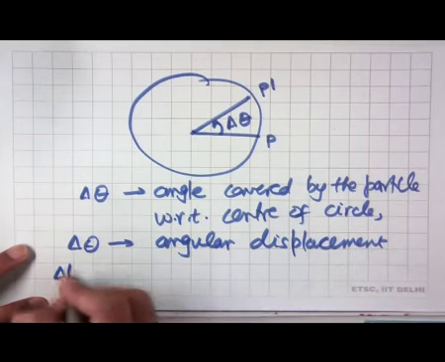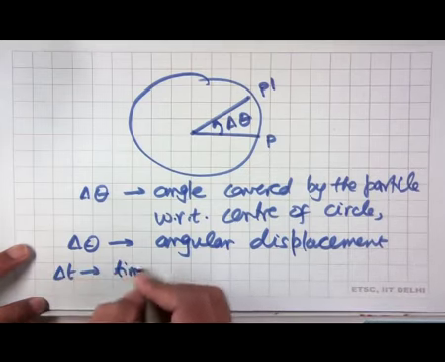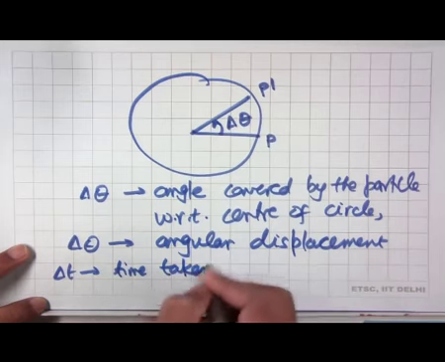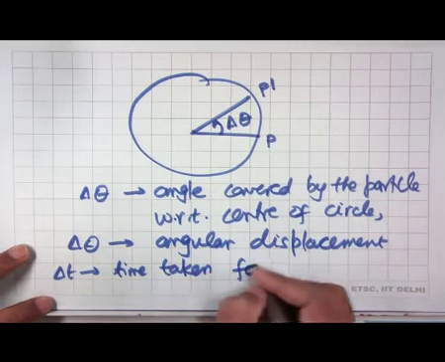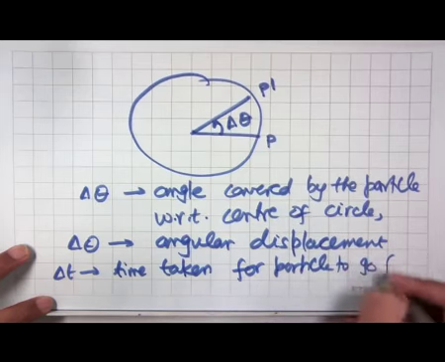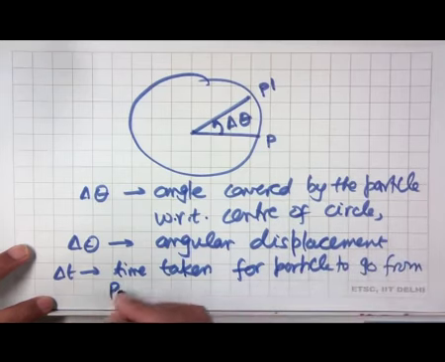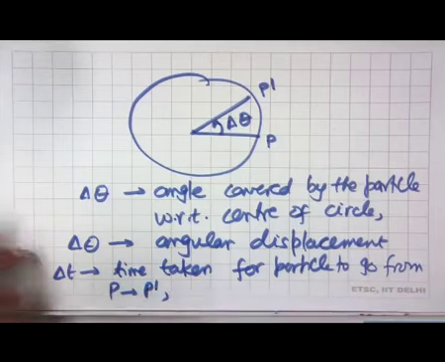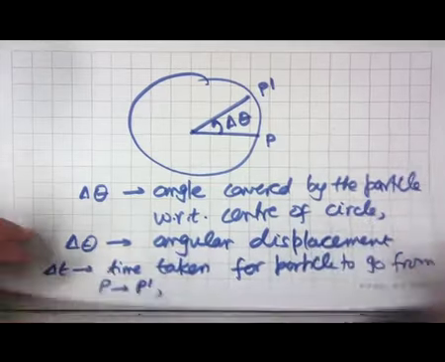and if delta t is the time taken for the particle to go from p to p prime, then we define a quantity called angular velocity.